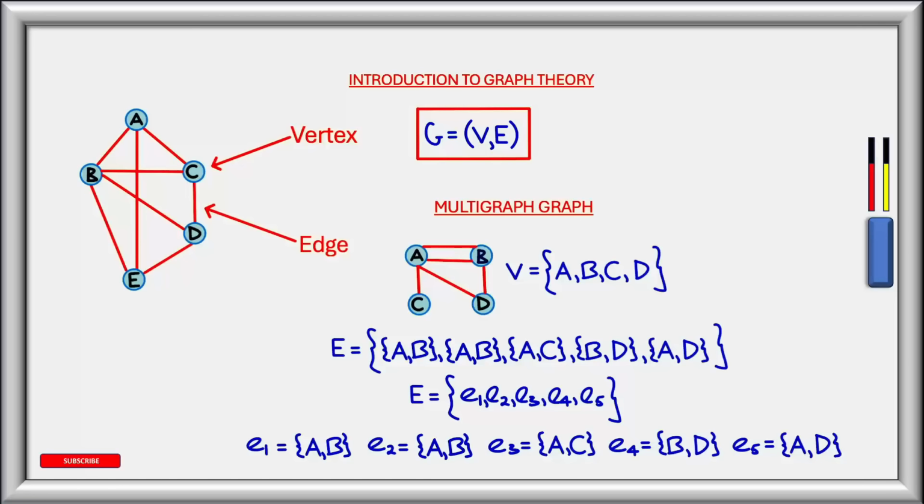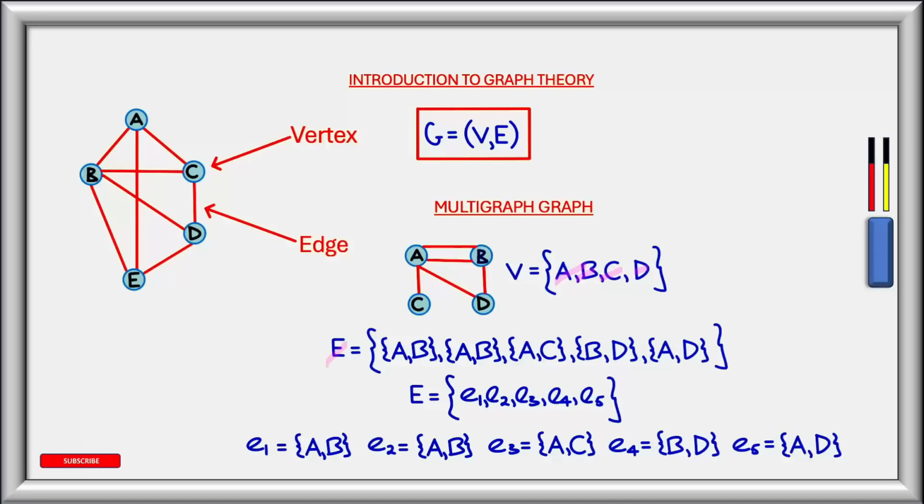If these rules are relaxed, we get a multigraph. This allows for multiple edges between the same vertices, but still no loops. Think of this as having 2 different roads connecting the same 2 cities in our GPS example. In the example on the board, we have a multigraph with 4 vertices, A, B, C, and D. And as you can see, there are 2 edges between vertices A and B. So the edge set looks something like this.